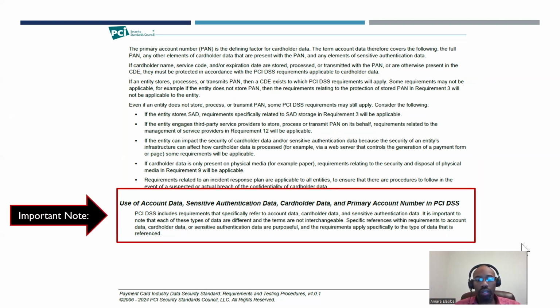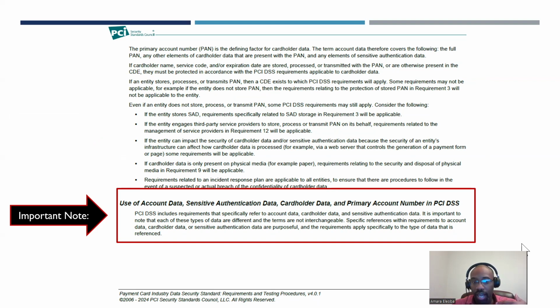Another important note here is that we need to make sure that we are not interchanging the definitions. For example, we have the account data, the sensitive authentication data, the cardholder data, and the primary account number.